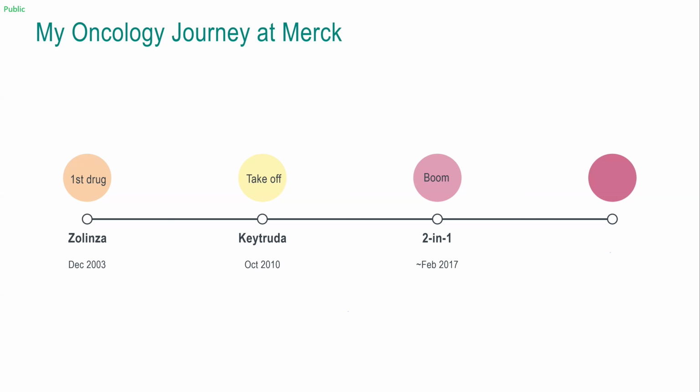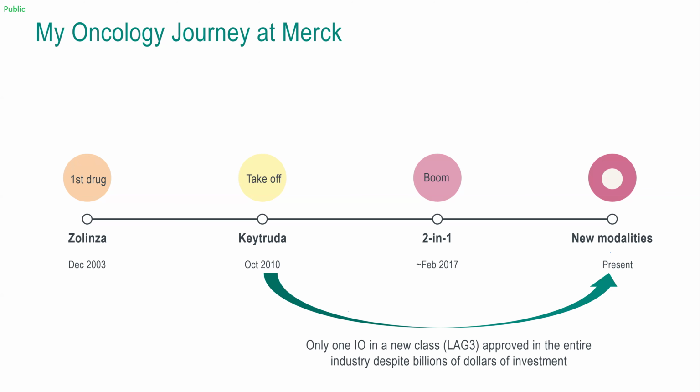Since then, I have supported another 20 or so new projects, but none of them has yet made it to the market. Meanwhile, despite billions and billions of dollars of investment in R&D, only one new immunotherapy in the entire industry had some moderate success in treating melanoma, and it was subsequently approved by the FDA. This is the so-called LAG-3 monoclonal antibody.